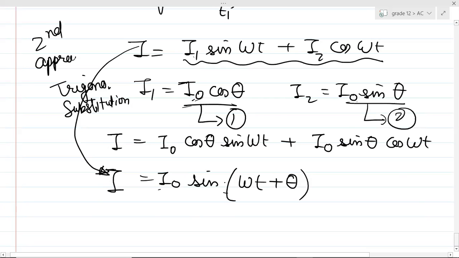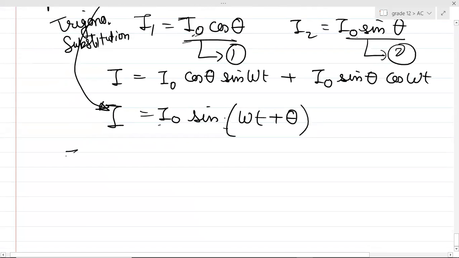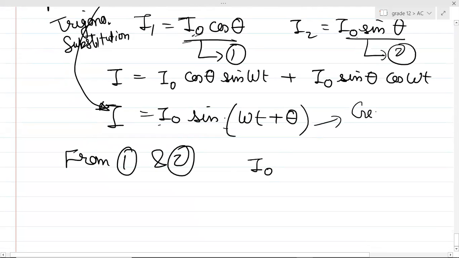So can you see over here, I can solve for I naught, since I1 and I2 were given in the question. So from equations 1 and 2, I can square and add them.